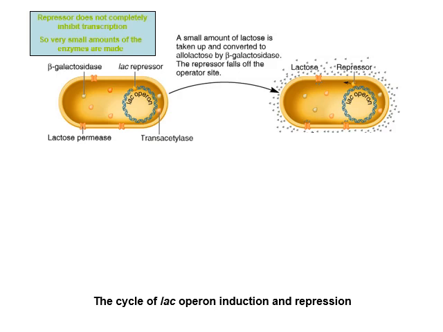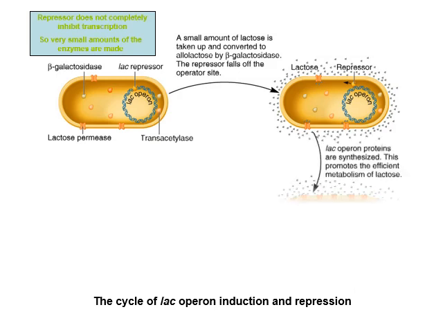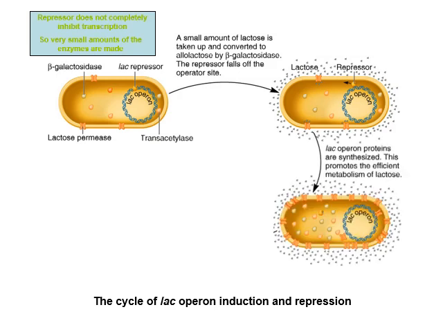And that allolactose will interact with the lac repressor protein, and when it forms a complex, it will release from the DNA and allow expression levels of the lac operon structural genes to increase, which we see here. So now, because expression levels have increased, we get a lot more lac permease embedded within the cell membrane.